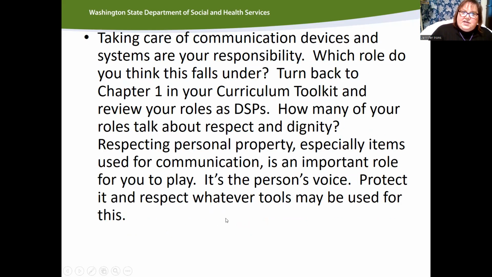We need to make sure we're taking care of the communication devices and systems for the people we serve, especially if they're unable to. Respect the person's property, especially items used for communication, because it plays an important role in their life.